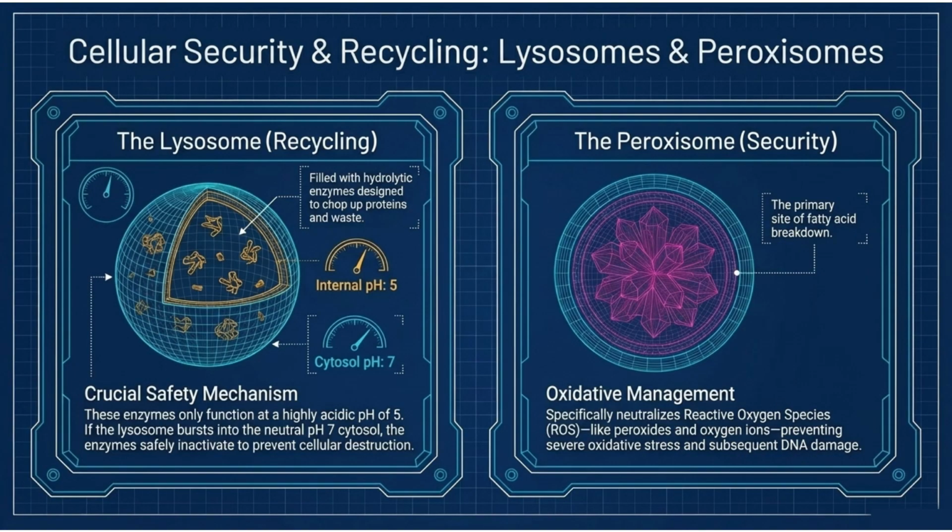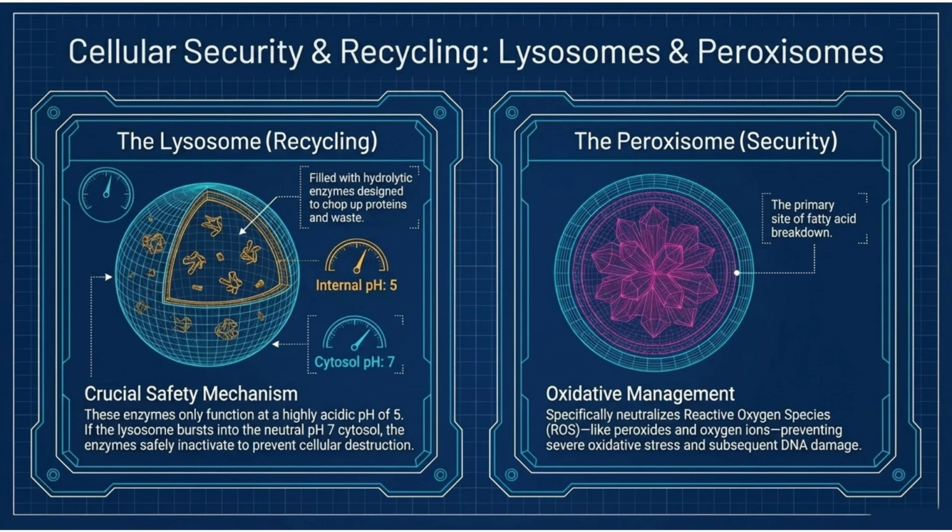Maintaining cellular integrity and recycling cellular components are the roles of lysosomes and peroxisomes. Lysosomes are essentially the cell's recycling centers, filled with potent hydrolytic enzymes. Their internal environment is highly acidic, with a pH of 5, compared to the cytosol's pH of 7.